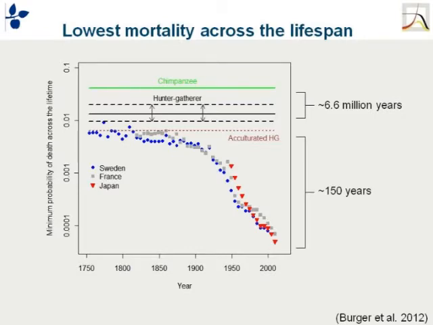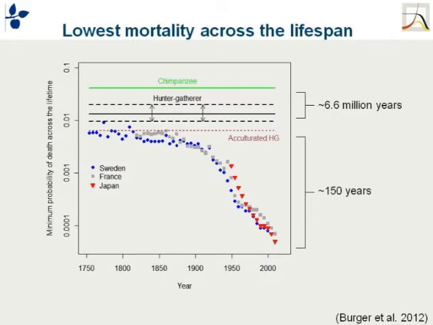So what we did is we looked at the life course and found the age at which mortality was minimum, which is usually something like 10 or 15. And for the hunter-gatherers, that level is a little bit more than 1%. And then the dashed lines represent the standard error, how much variance there is among different hunter-gatherer tribes.